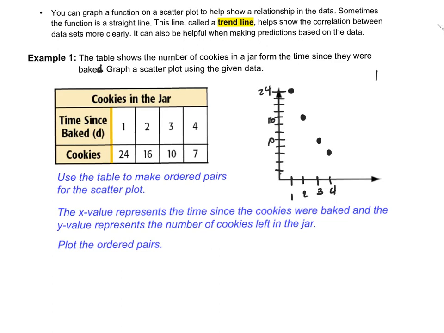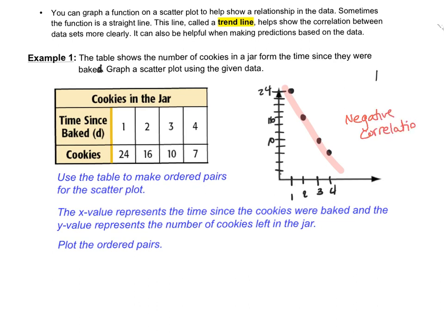It's not a perfectly straight line, but you can see that based on this amount of data, if we were to create a trend line, just to summarize it, it would look something like that. And it's going down from left to right, which means that this would be called a negative correlation.